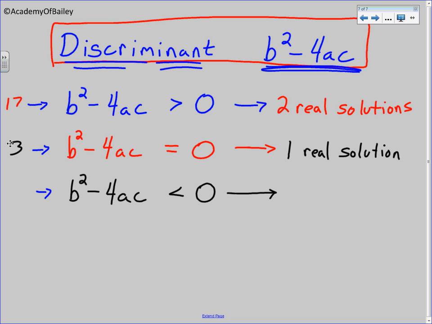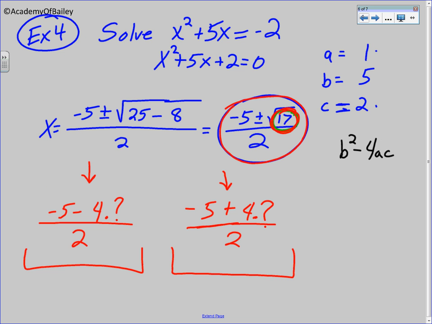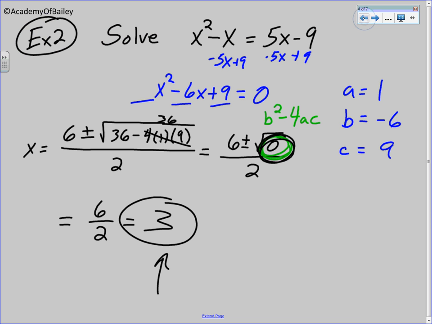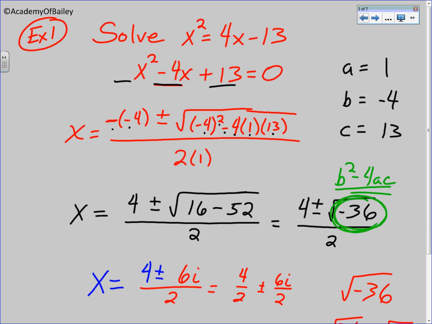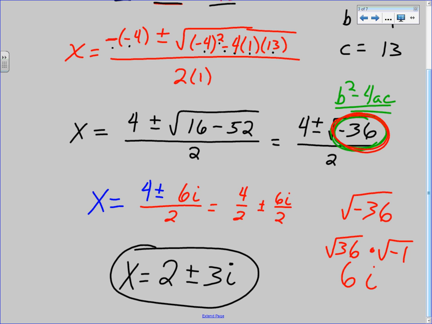And how about when the discriminant is less than 0, that b squared minus 4ac is less than 0? What was it in this case? Right here it is, over here on the right. Negative 36. It is less than 0 there. How many solutions did we have? Well, plus or minus means that we're going to have 2 solutions, but are they real solutions?